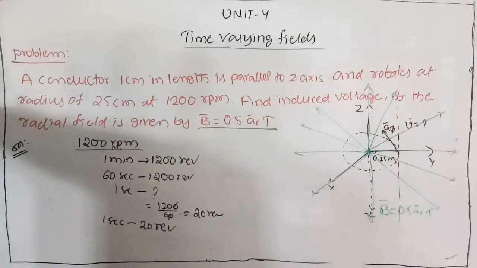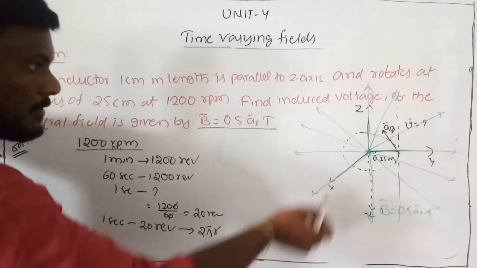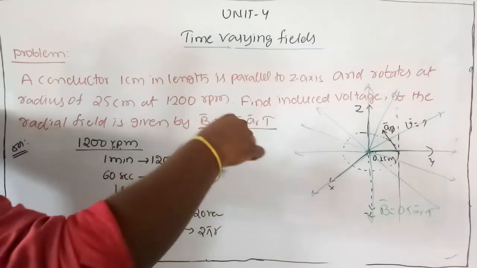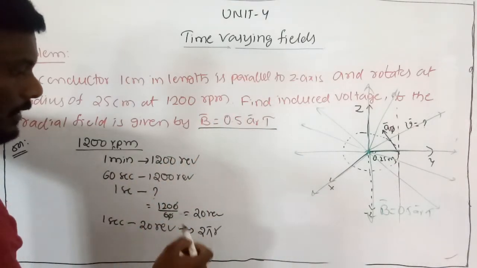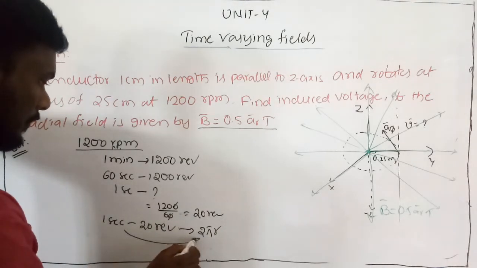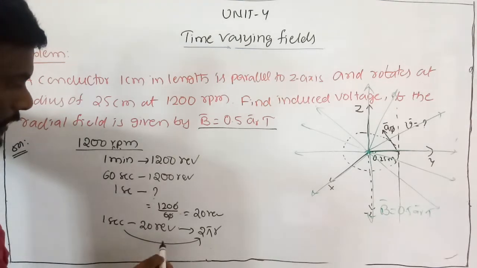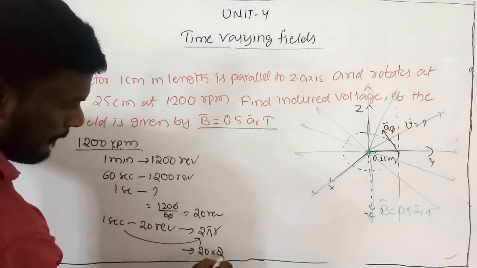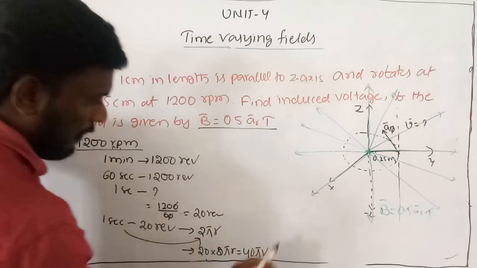In 1 revolution it covers a distance of 2 pi r, as the perimeter of the circle is 2 pi r. So for 20 revolutions, 20 into 2 pi r, which becomes 40 pi r.